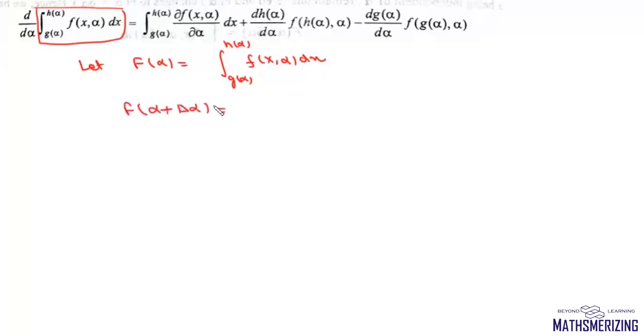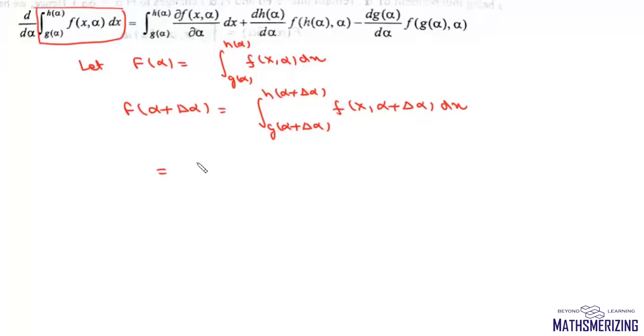So we have taken a small increment in alpha. We can write this as the integral from g(alpha plus delta alpha) to h(alpha plus delta alpha) of f(x, alpha plus delta alpha) dx.